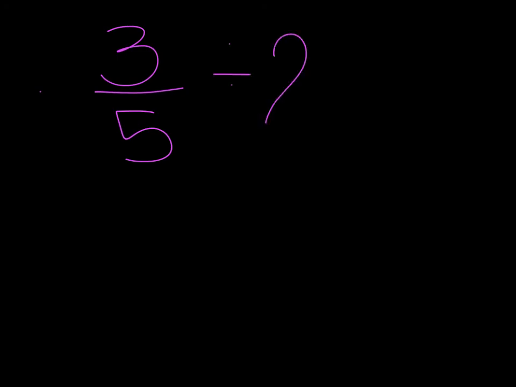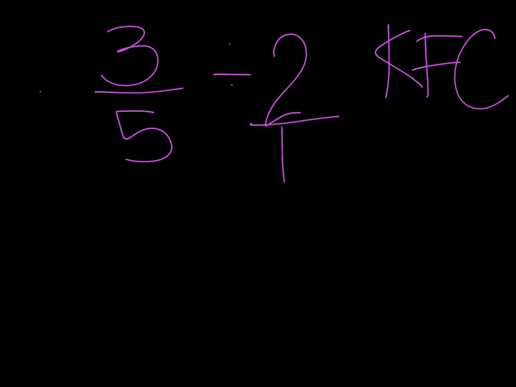We have 3/5 divided by what, loves? 2. Divided by 2. Okay, so everybody should have written KFC beside this problem. Okay, what do I do to 2? I put it over 1. The first number, what do I do? Keep. Second number?